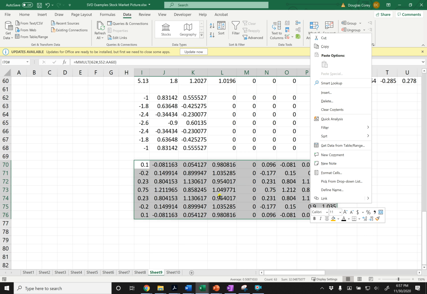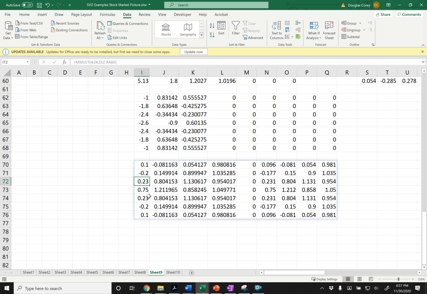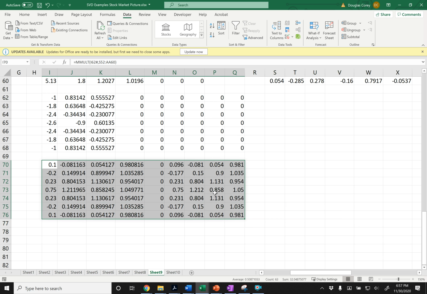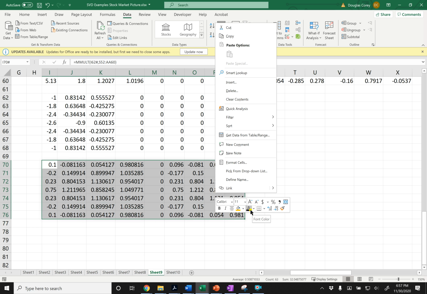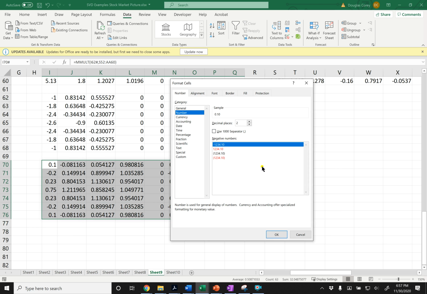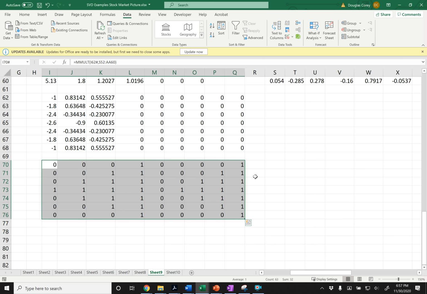We're all pretty close to 1 where our 1's are, and we're pretty small, much less than half at least. Those 0.23s are off by a little bit, but that would be enough if we rounded. So if we format the cells, if we round, we're still okay.